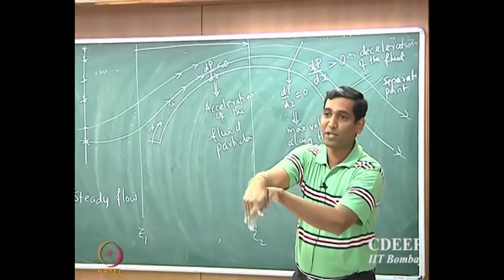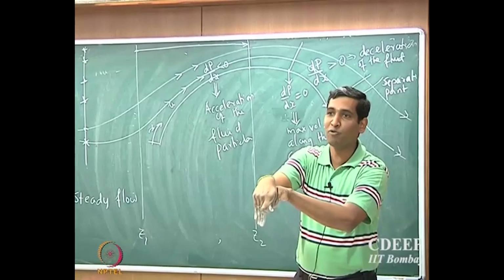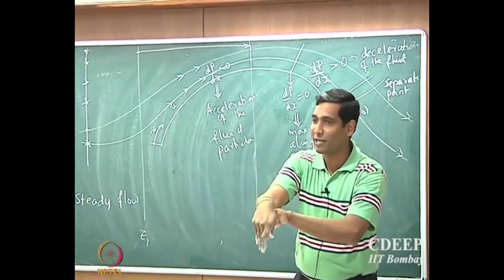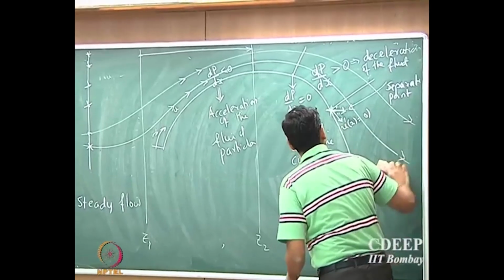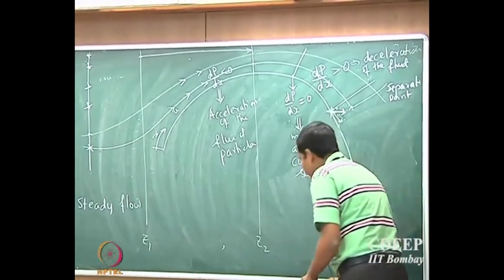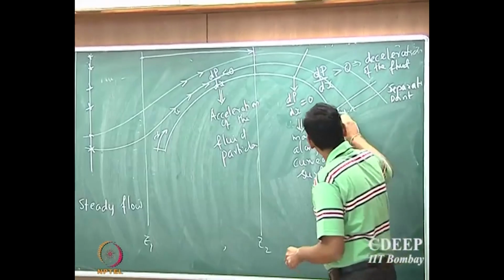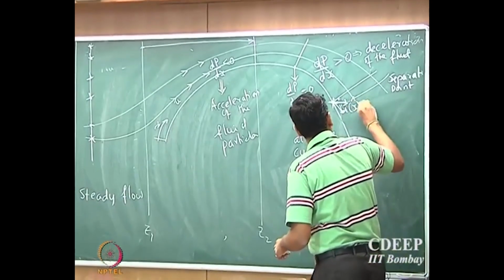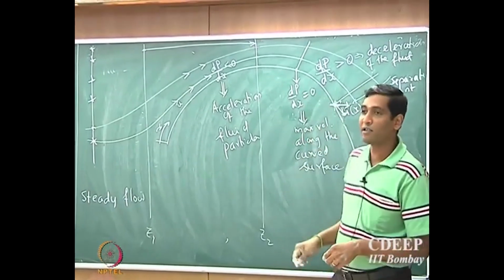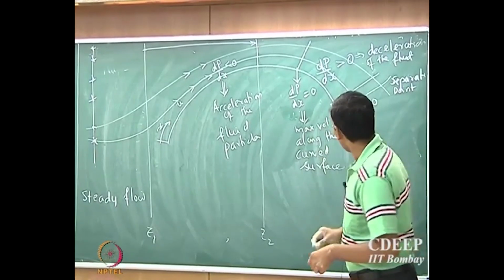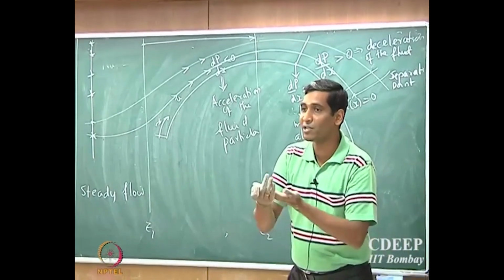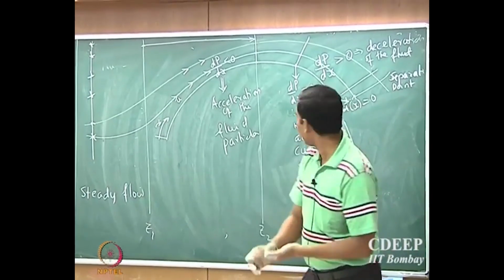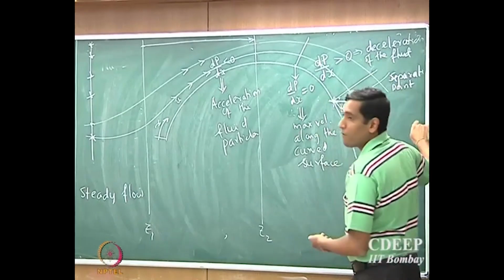Now once it reaches the separation point, the velocity of the fluid stream at the interface is 0. Once it separates out, the pressure gradient has not changed. The pressure gradient is still adverse, while the fluid particles above are moving forward.